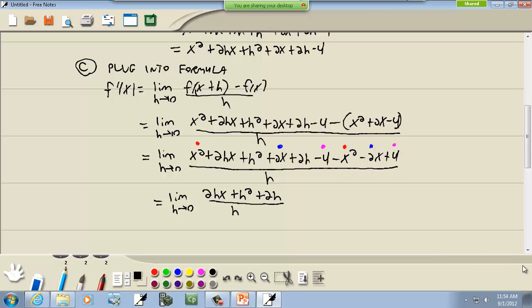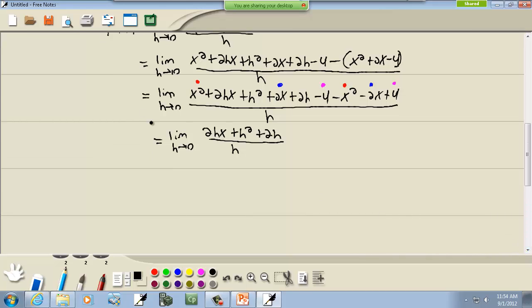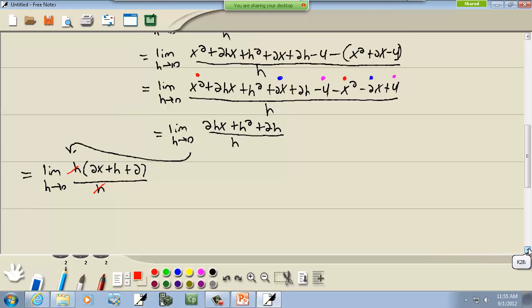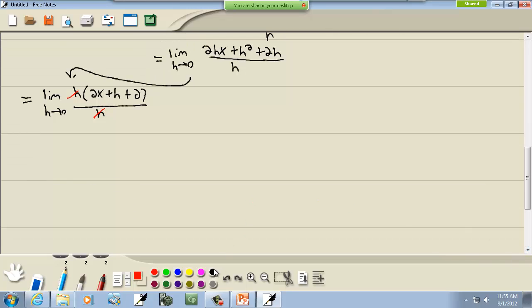Okay. Now remember the little trick we had. Just in case I start running out of room, let me continue over here. If all of your terms up on top have an h, you can factor an h out. So factor out an h, and that gives us 2x plus h plus 2 all over h. And again, those h's cancel. We've already talked about that before.